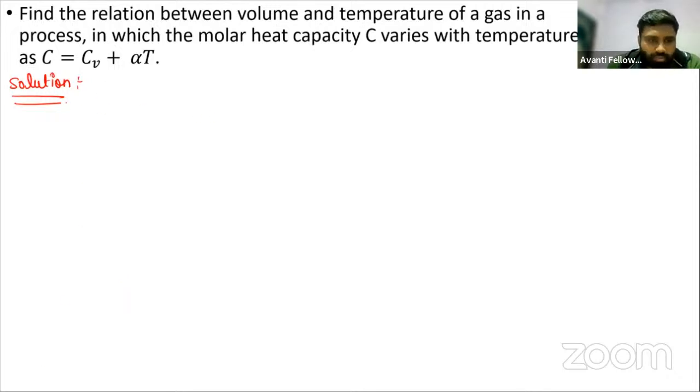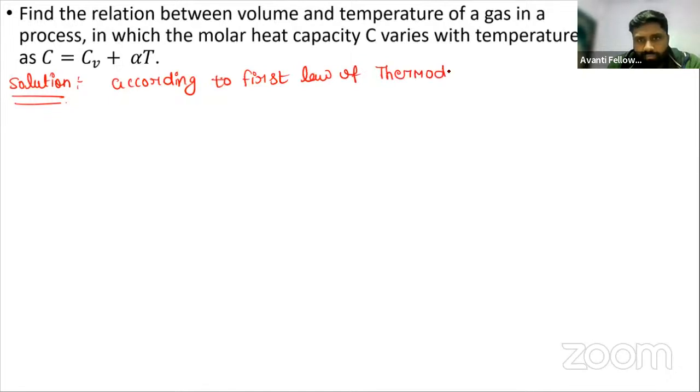Now, we know that according to the first law of thermodynamics, dQ equals dU plus W. This is the differential form of the first law of thermodynamics. We have already done this calculation.